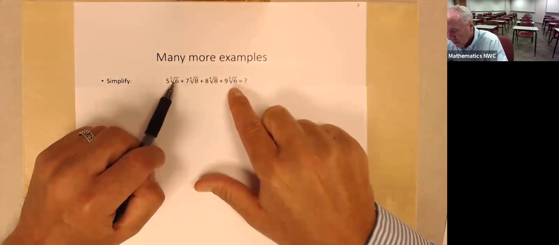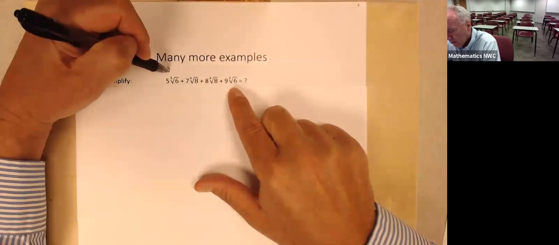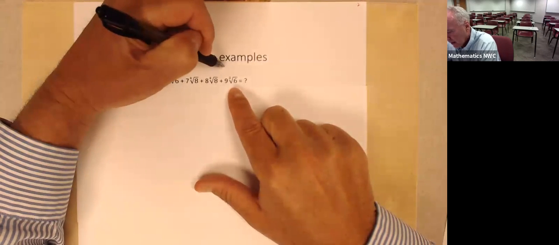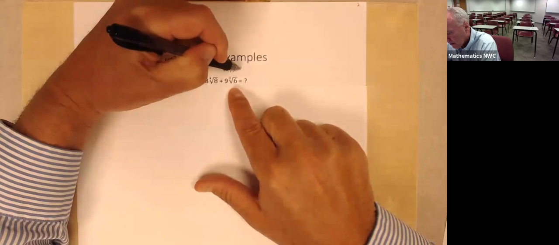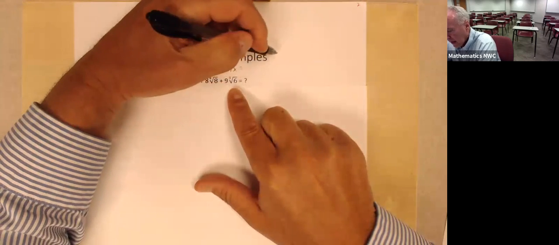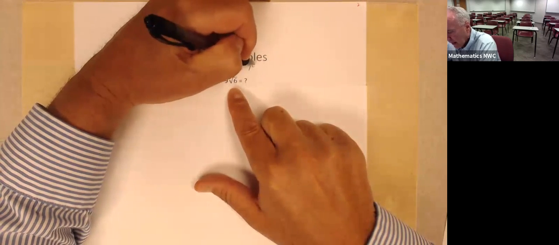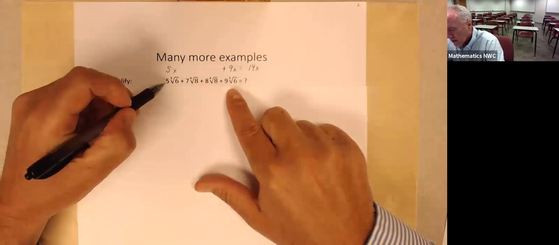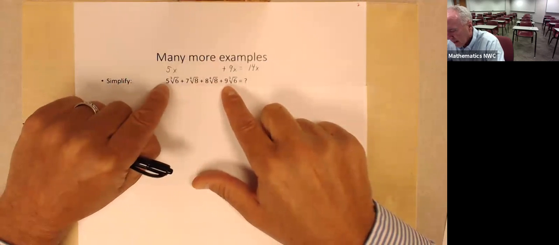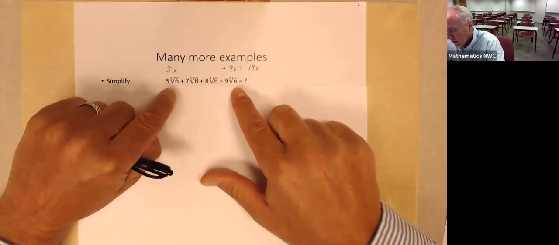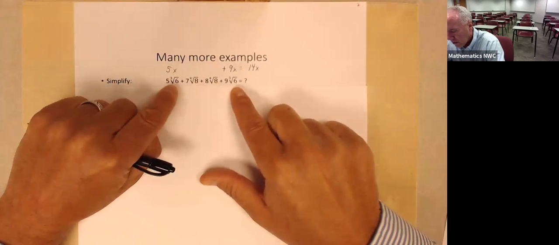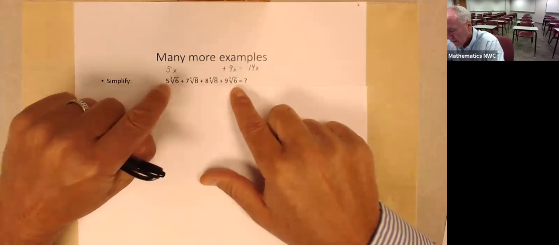So I have these two right here. It would be like a 5x and a 9x here. That would give you a 14x. So this one, 5 plus 9 will give you a 14 times the cube root of 6.